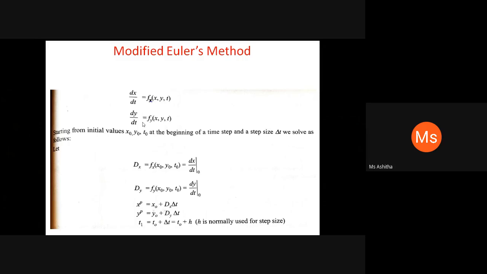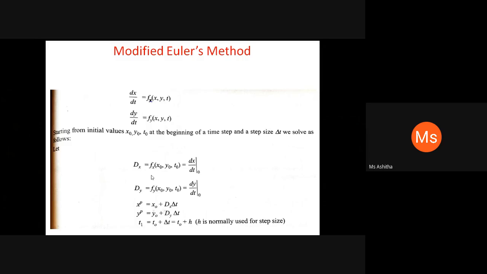Let us start with the initial values, the first step. These methods are based on iterative techniques, which we have already studied in mathematics. The modified Euler's method, Runge-Kutta, or Milne's method you have already studied in mathematics.